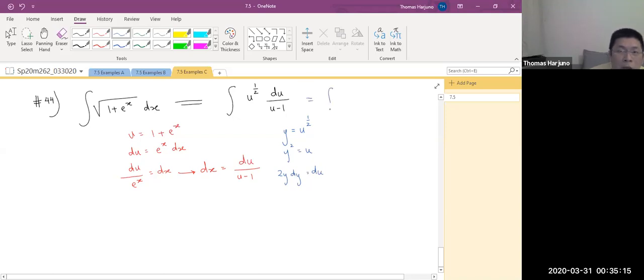Therefore, I get the integral of y over y squared minus 1, and my du becomes 2y dy. What do you think? So this now becomes the integral. I can take the 2 out, y squared on the top, and then y squared minus 1 dy.